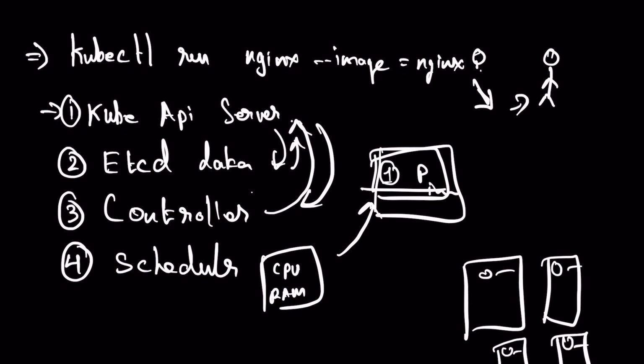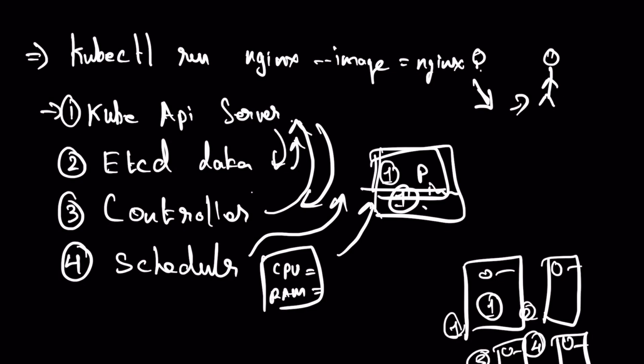So it will check node 1, node 2, node 3 and node 4. And now the scheduler determines which of the nodes have enough space to accommodate this much amount of CPU and this much amount of RAM. And then the scheduler would again update the data that, for example, if node 1 has enough space to accommodate this particular container or the pod, it would be updated in the etcd data store.